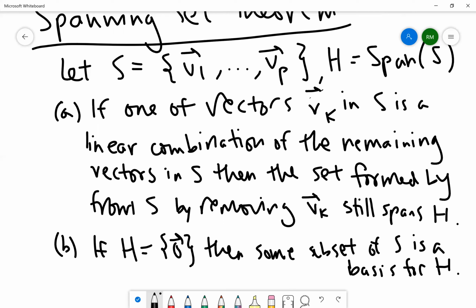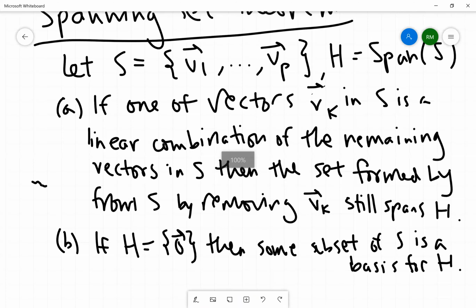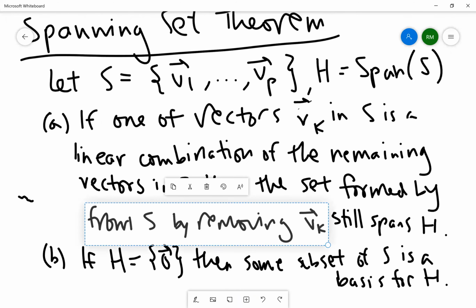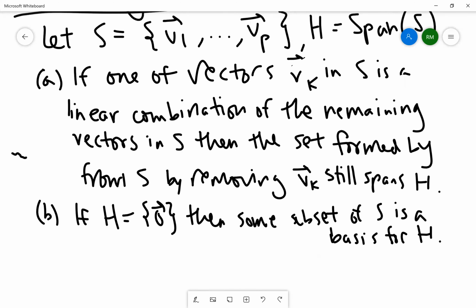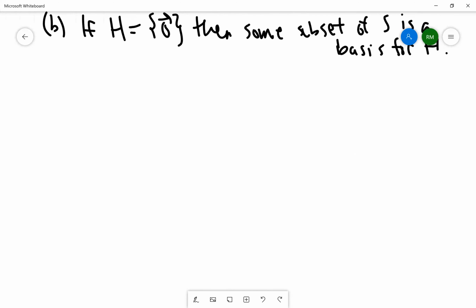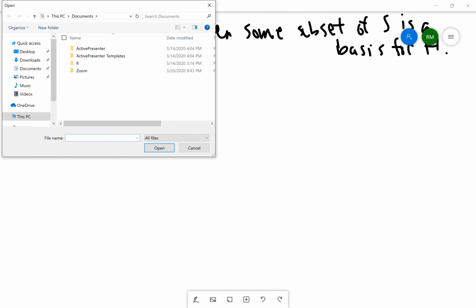Basically, this theorem is telling me I can throw away vectors until I get down to a basis. All right, excellent, that's a good thing to know. And the proof, I think, is pretty self-explanatory why it works.